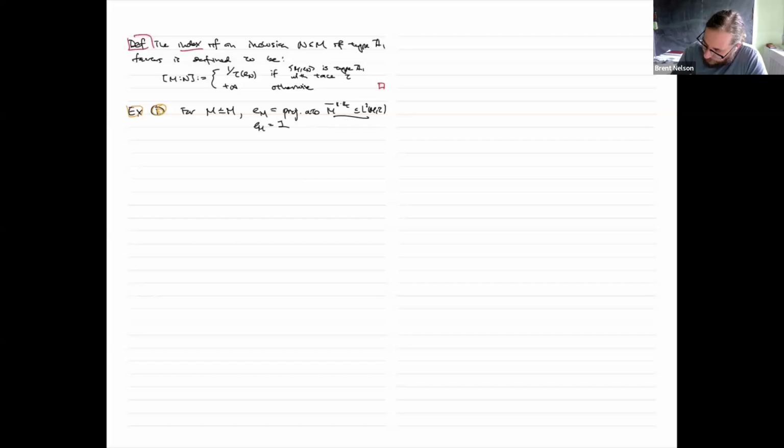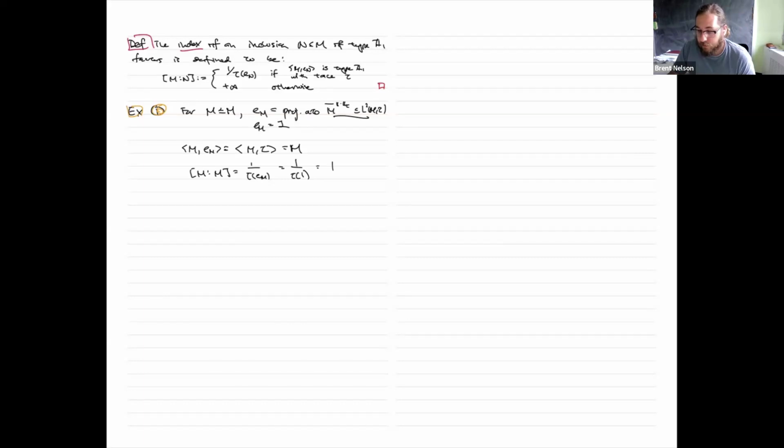But so if E_M is just the identity, then the von Neumann algebra generated by M and this projection, well, 1 is already in M, so the basic construction in this case is just M itself. And M has its own tracial state. And so the formula for the index in this case gives us 1 over tau of 1, which is just 1. So the index of M inside of itself is 1. And in fact, for N inside of M, you get that N is equal to M if and only if the index is 1.